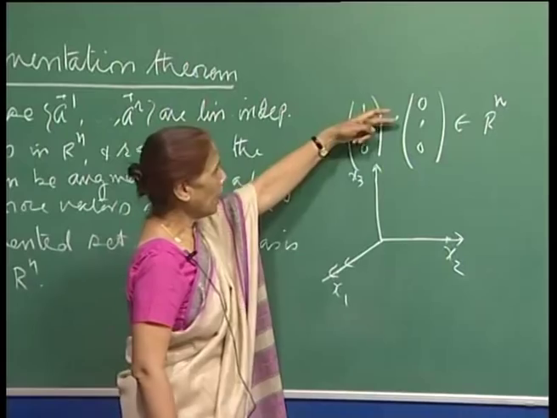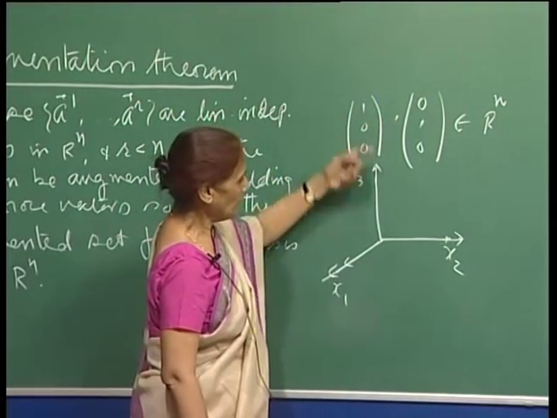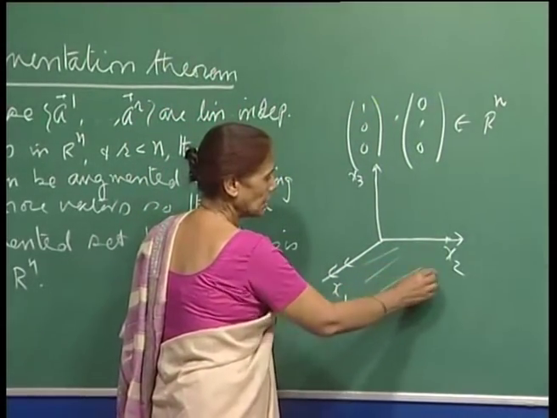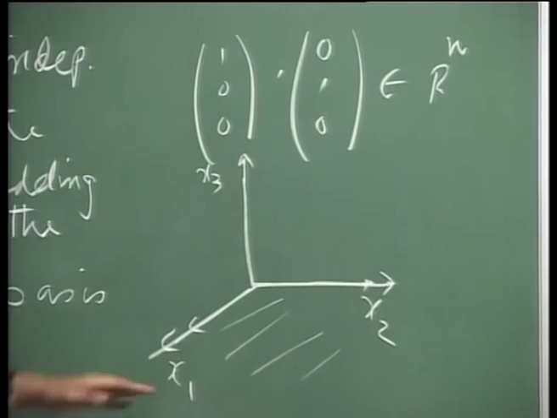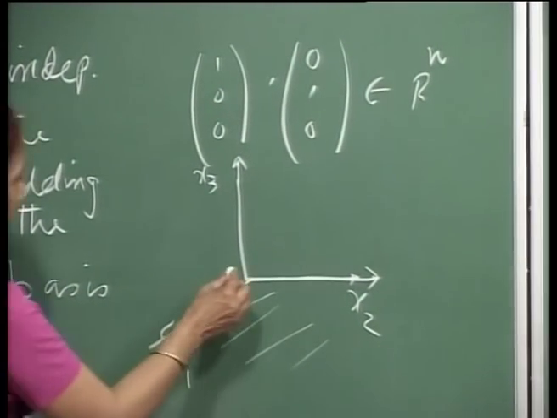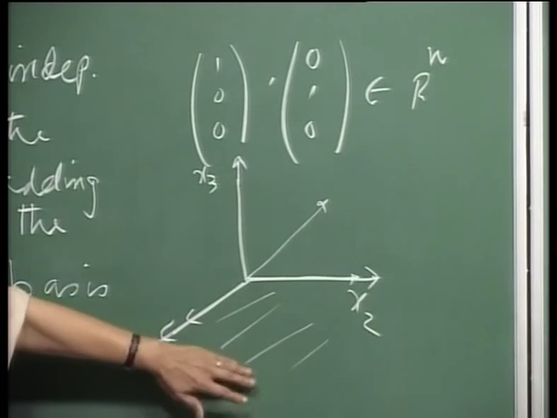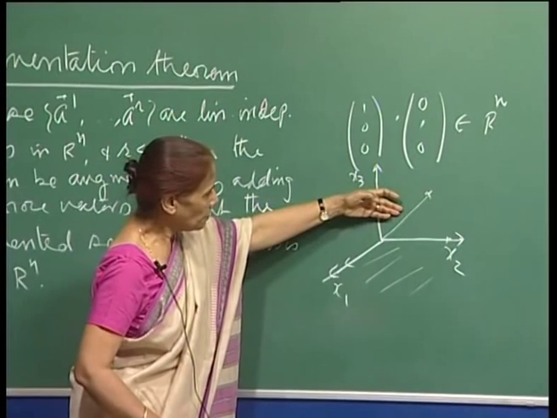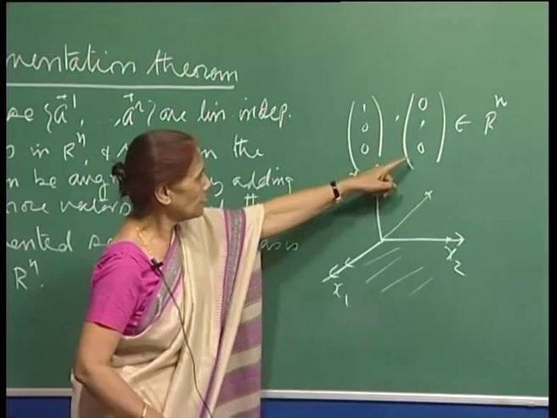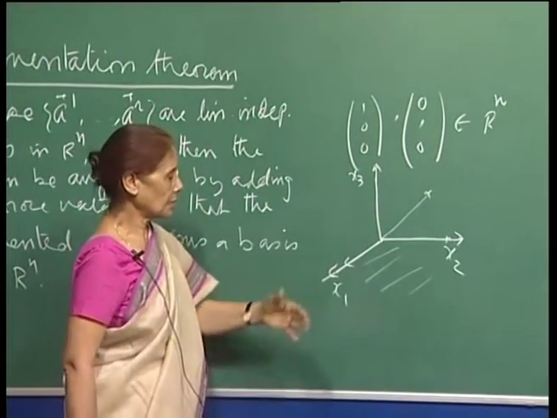Any linear combination of these two vectors represents your x1 x2 plane, all over. So, if I take any vector which is not in the plane, then certainly it cannot be expressed as a linear combination of these two vectors. Figure it out, it's very simple.